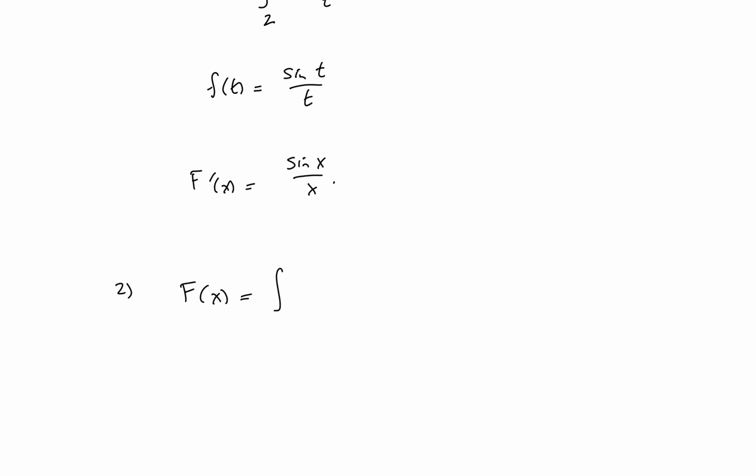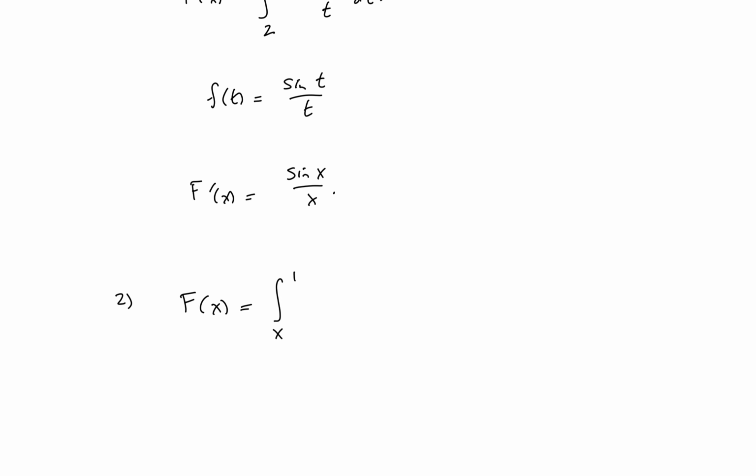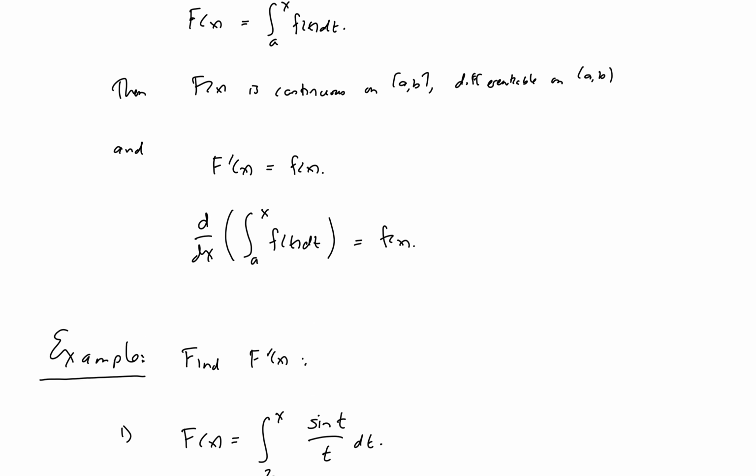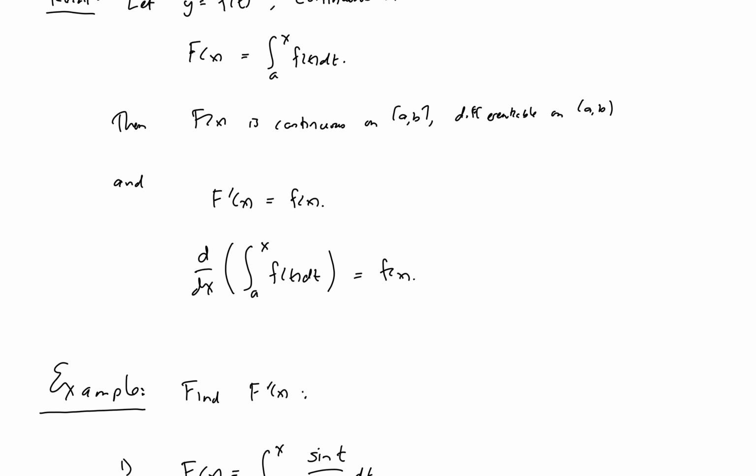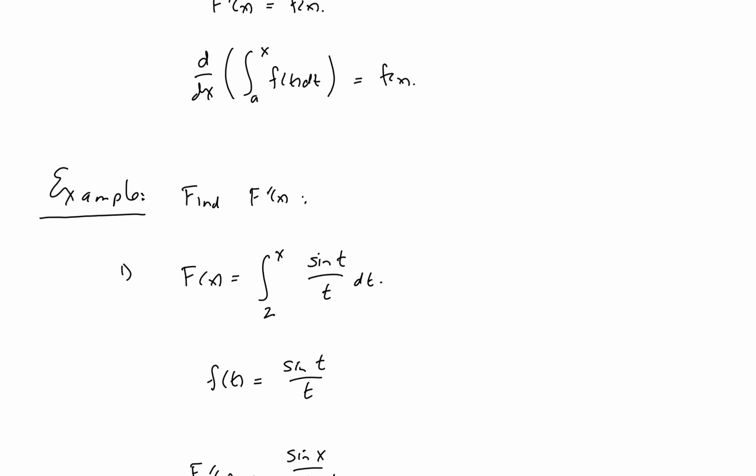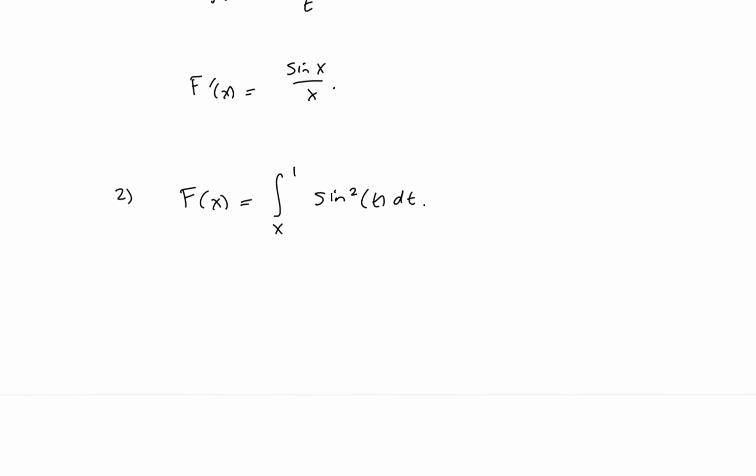So for this one, let's go from x to 1 of sine squared of t dt. Now, when we had our fundamental theorem, if we look back above it, what it says, we start at the edge of an interval a and we go to the value x and take the derivative of that. Well, this isn't in that form because it starts at x and goes to a number.